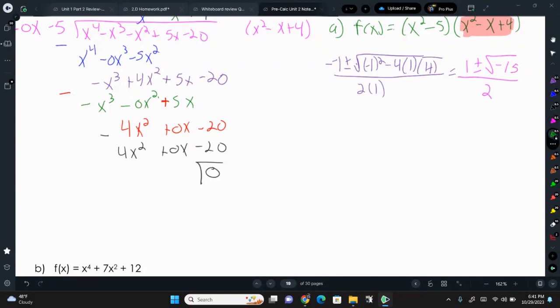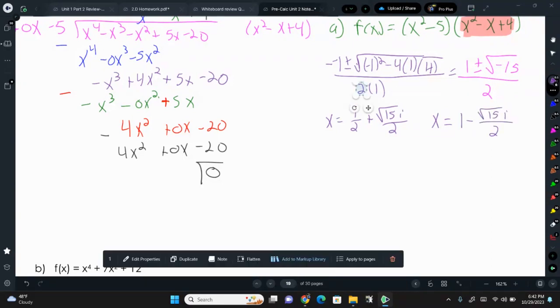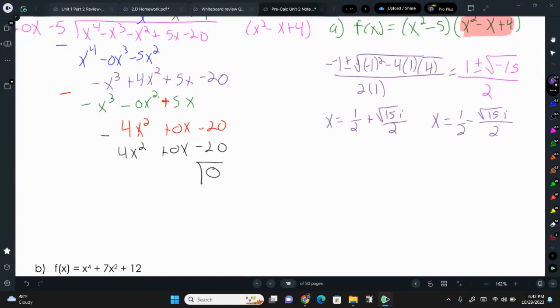So that can be rewritten as 1 half plus square root of 15 over 2 i, and 1 half minus square root of 15 over 2 i. Those are complex zeros, they're not real.